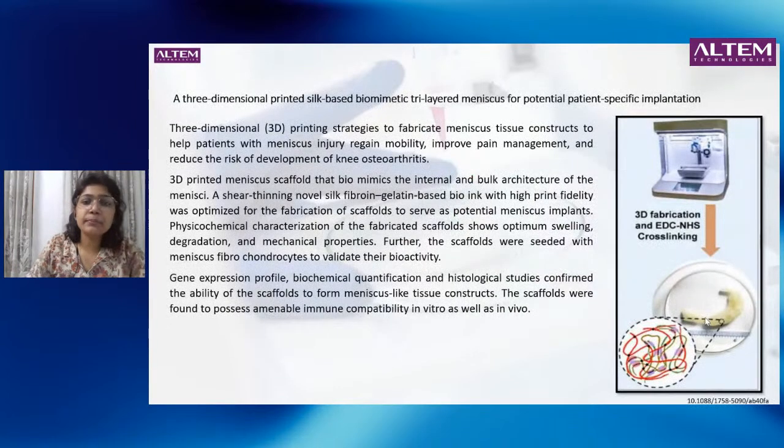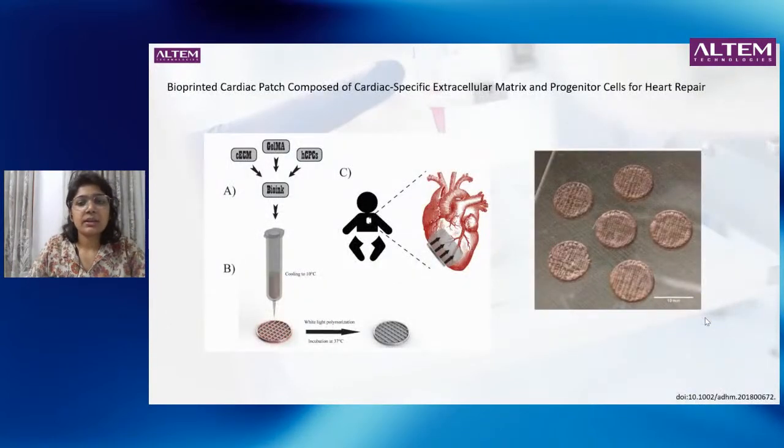The third example is basically a heart patch. Here they have used GelMA as a material, and this is a comparison between using cell therapy versus using just the material versus using any ECM material, and also using a bioprinted material. The bio ink here is GelMA, and here they have seeded it with cardiac cells.